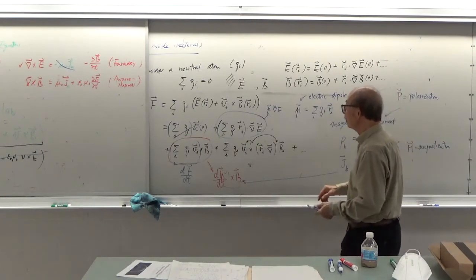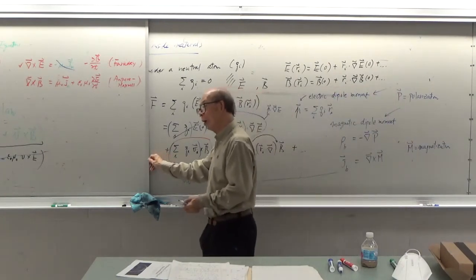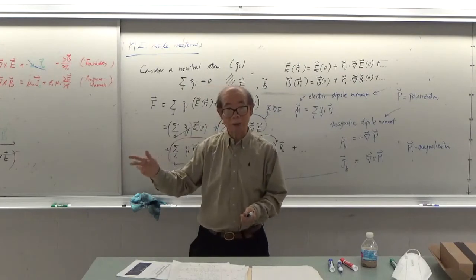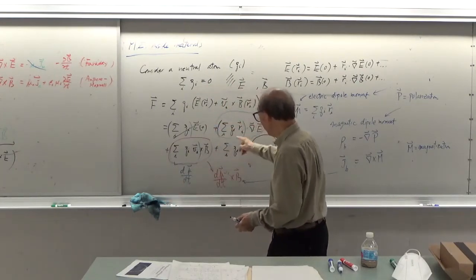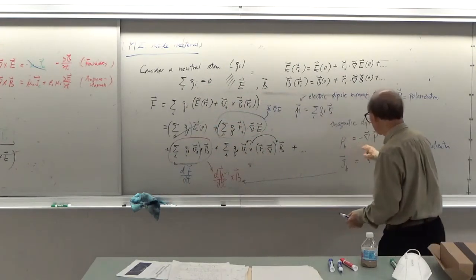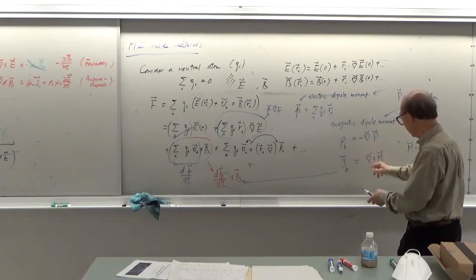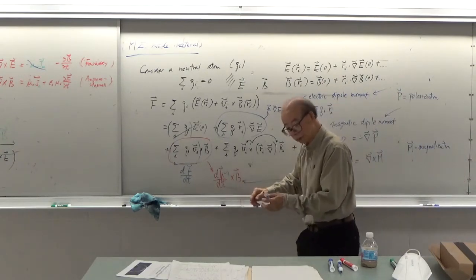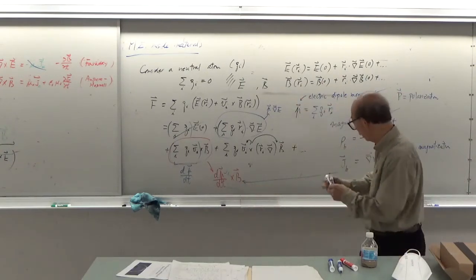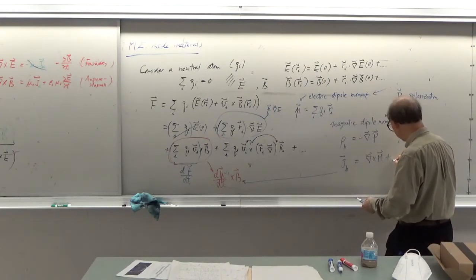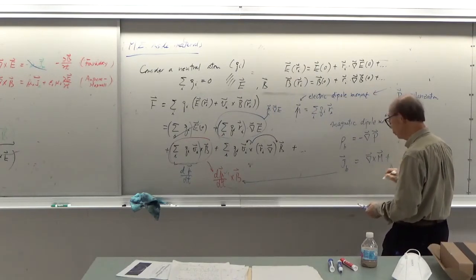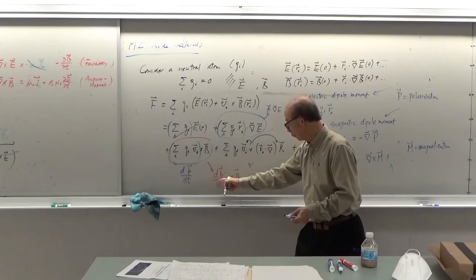Okay? So as I said, you're welcome to study my lecture notes and start with this and really reproduce these results. It turns out that this term adds in another term. And this is the new term involving d by dt.